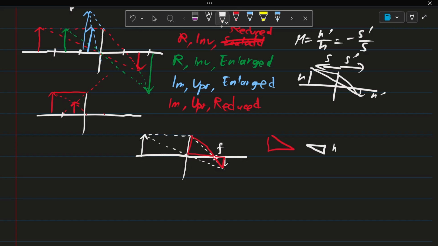So this is h prime and this is h. Everything here is the same. So we could say this is your f, and in here this is your s prime. Now, with this we could develop another ratio. S prime over f must equal h prime over h. Or this is your s prime over s. No, sorry, this is s prime minus f. So it's s prime minus f here.